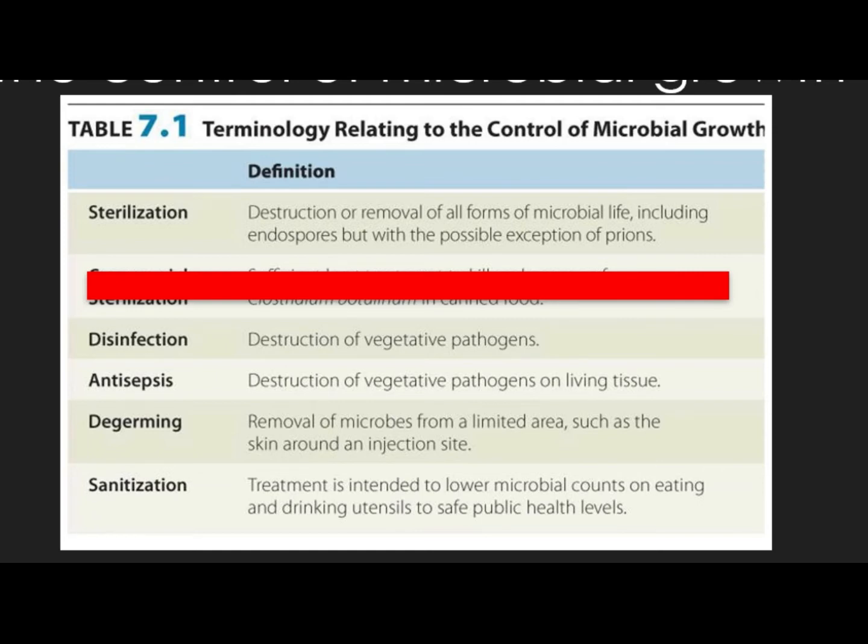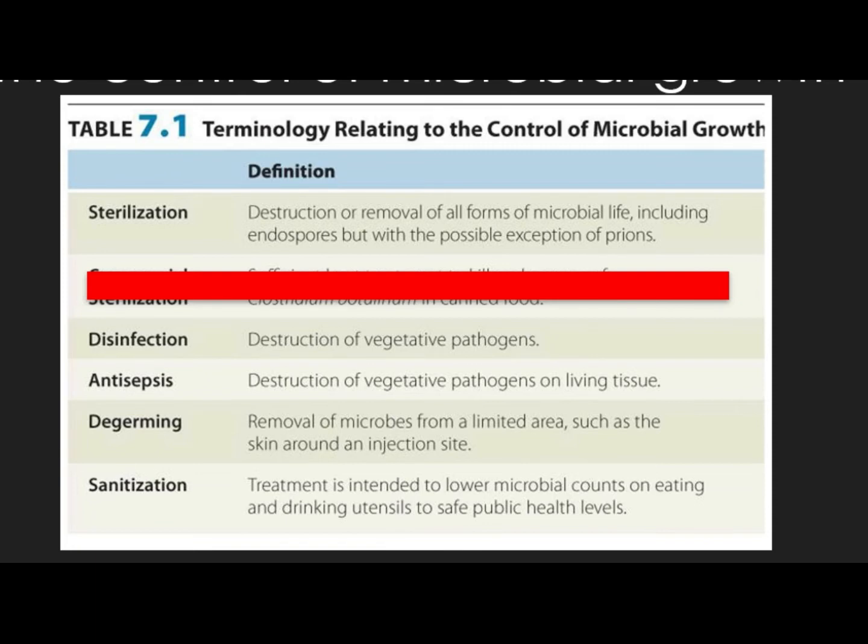And in that case, you might use something that would typically be considered a little too harsh to be used as an antiseptic, like alcohol, but because you're using it in a limited area, it is considered that the benefits of that outweigh the possible harm to the skin. So degerming is sort of a special form of antisepsis where you're removing microorganisms from a limited area of the body.